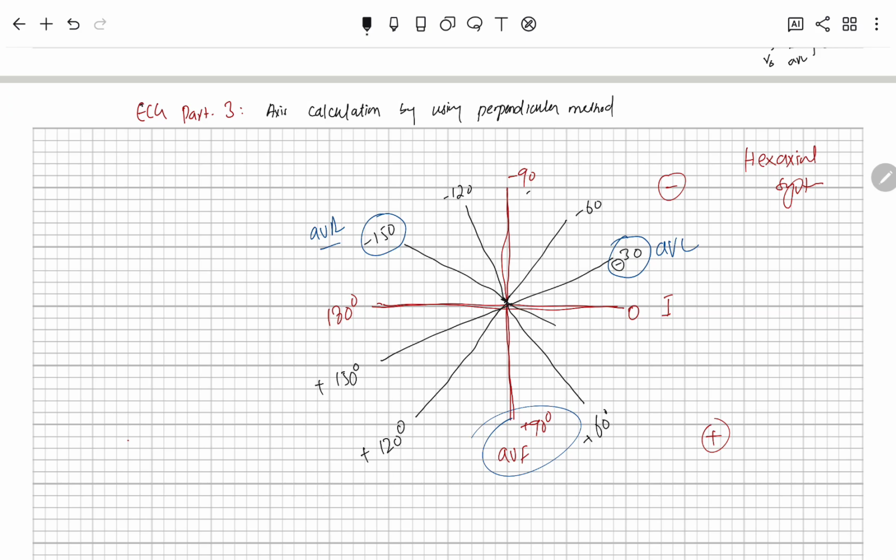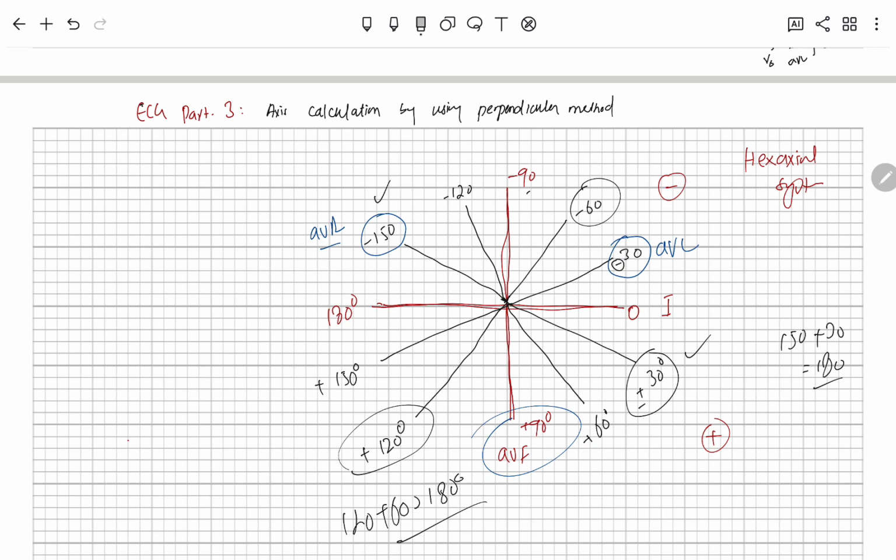And if I pull this lead, it will make 30 degrees here. If we add a lead and its opposite AVR lead, the sum should be equal to 180. Like if we consider this lead and this lead, 120 plus 60 is equal to 180 degrees. So each of these pairs should sum to 180 degrees. This is an additional point.